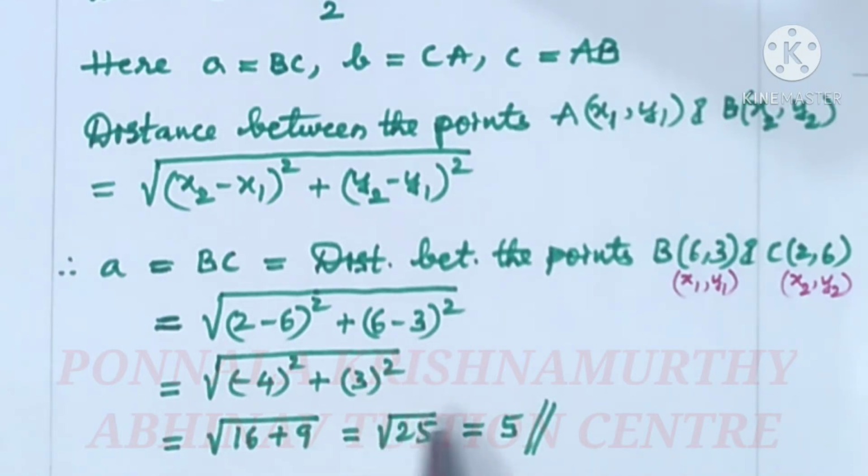This is equal to under root 25. This is equal to 5. Actually under root 25 is plus or minus 5, but we should not take minus since these are the lengths of the sides. So under root 25 is equal to 5.